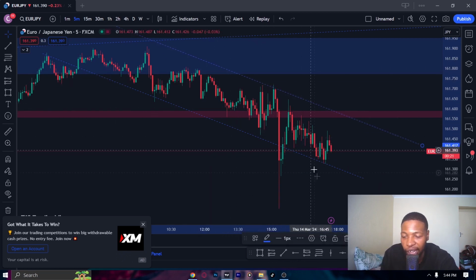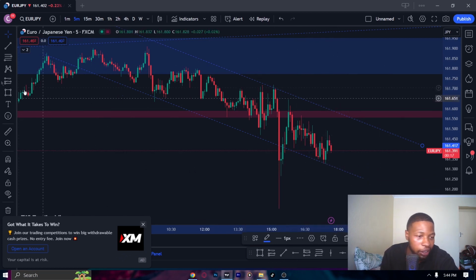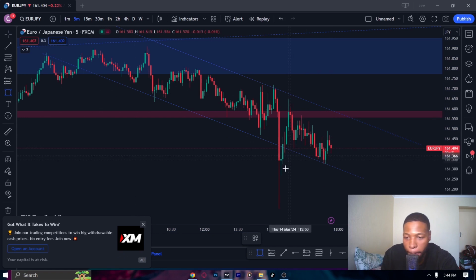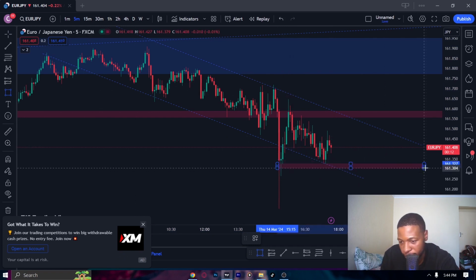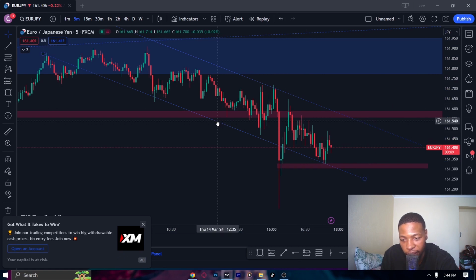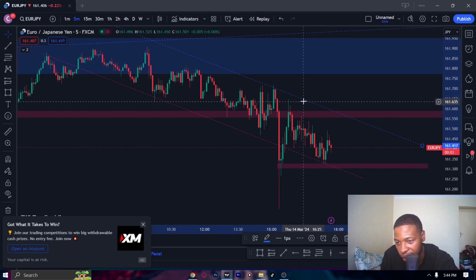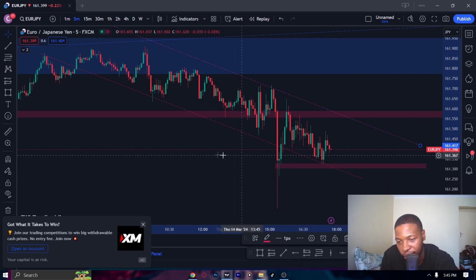Right, so now what we are waiting for price to do is to break this level, because now I'm on a 1 minute chart, guys. So I'm on a minute chart, so I have to change my trend line color to know that I did this trend line when I was in a minute time frame, right?